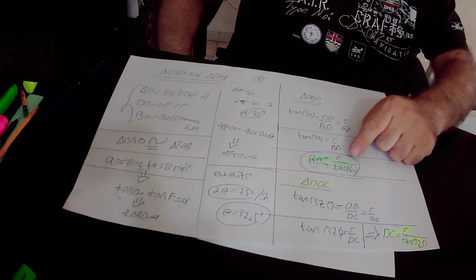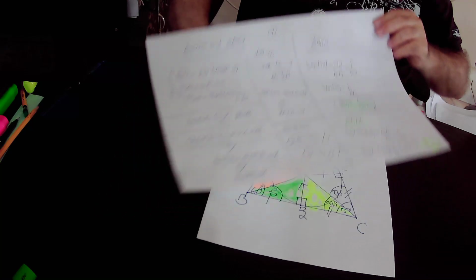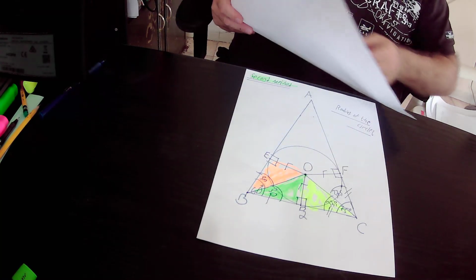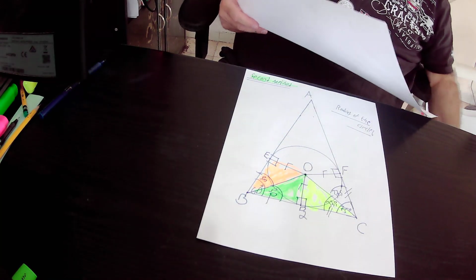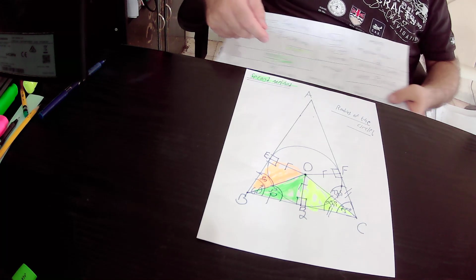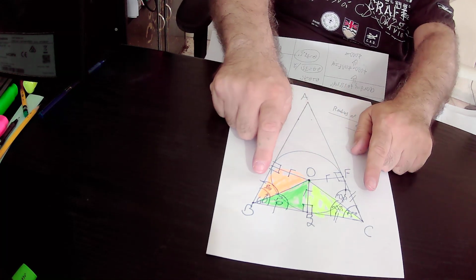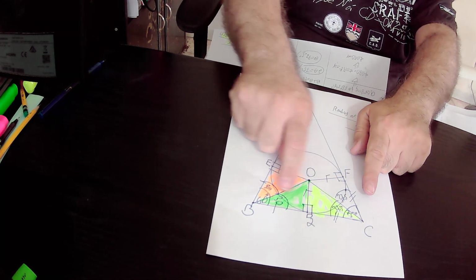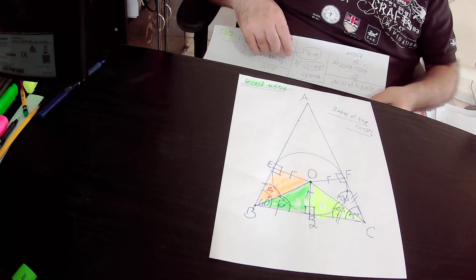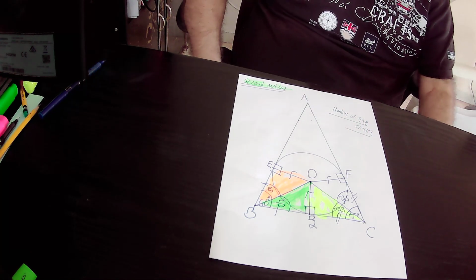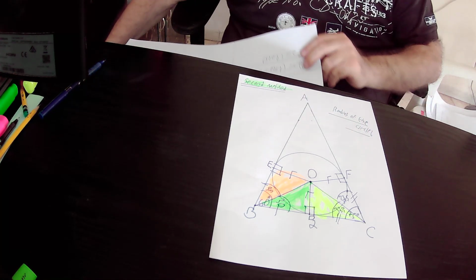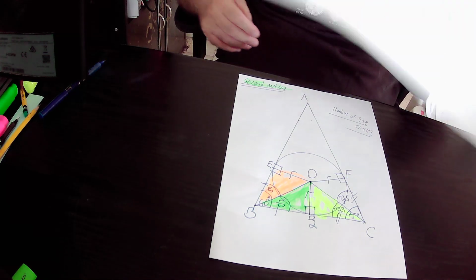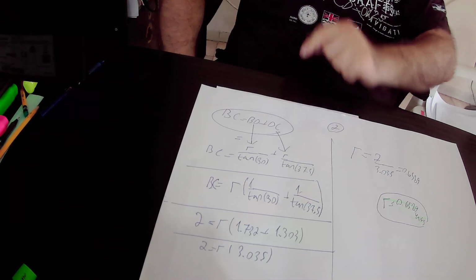So we have the values of BD and DC, and from the drawing it is very easy to see that the value of BC equals BD plus DC.